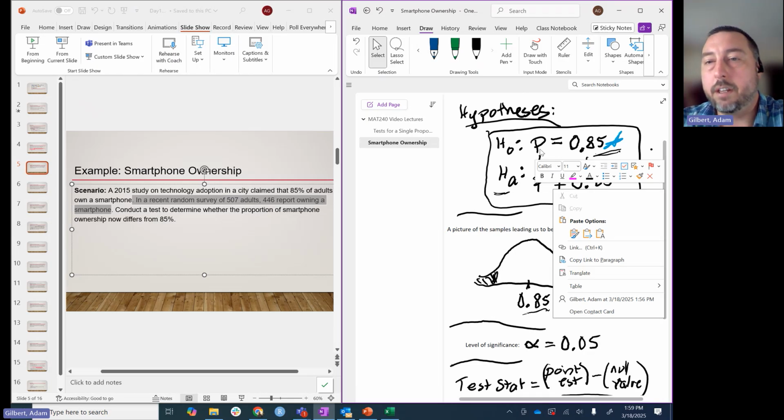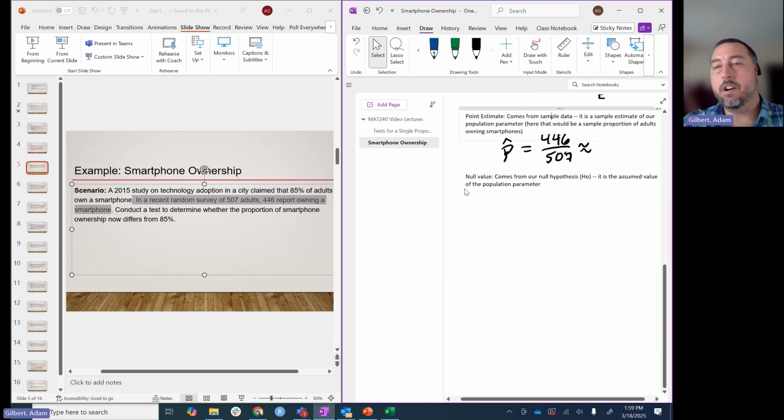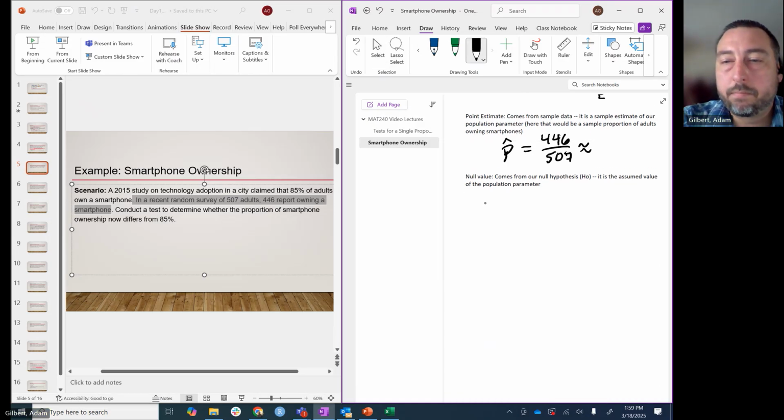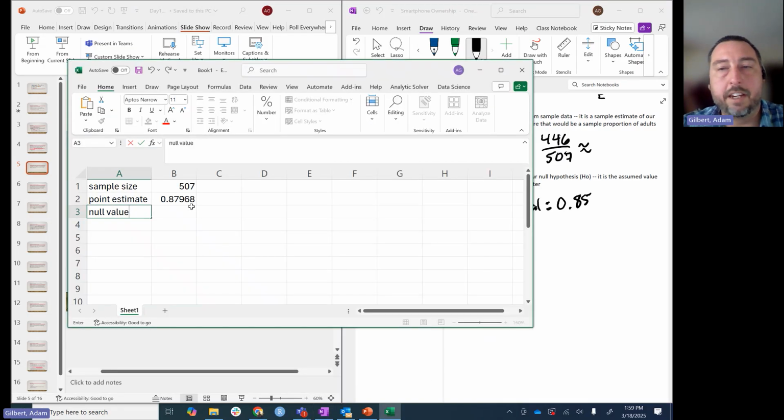We've assumed there that the population proportion of adults owning smartphones is 85%. And so we're going to come back down here and identify that our null value is 0.85.